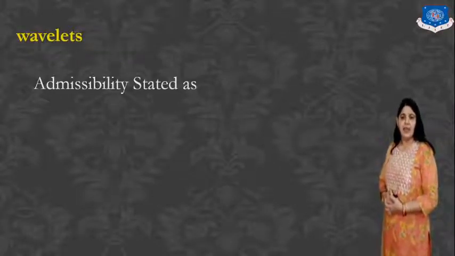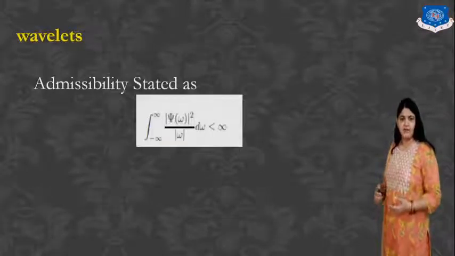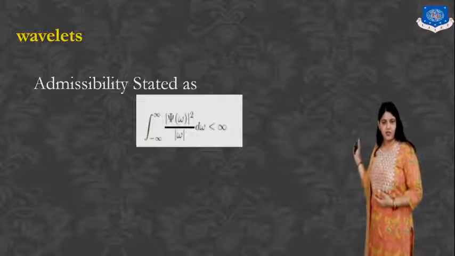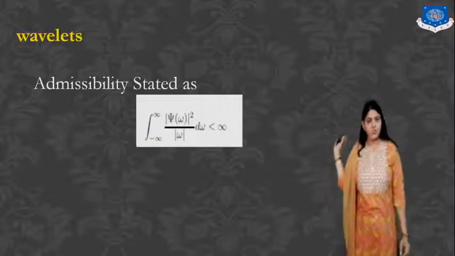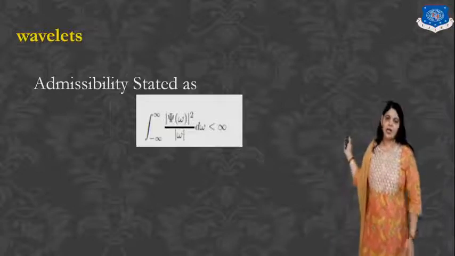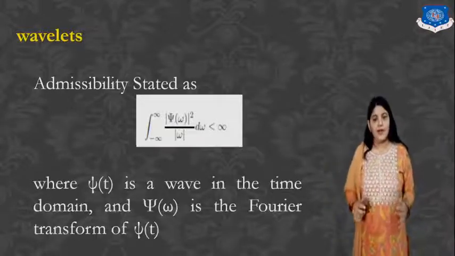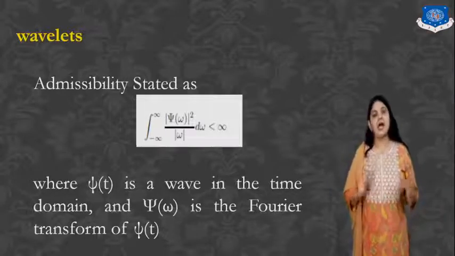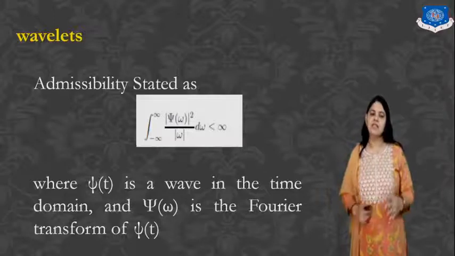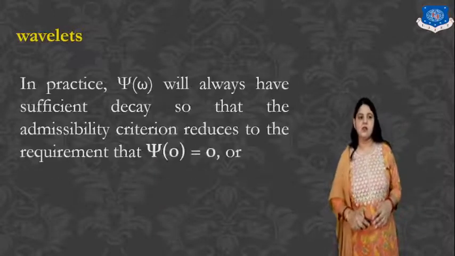Admissibility states that the integral from minus infinity to infinity of the modulus of psi(omega) squared upon the modulus of omega d omega is less than infinity, where psi(t) is a wave in the time domain and psi(omega) is the Fourier transform of the psi(t) signal.